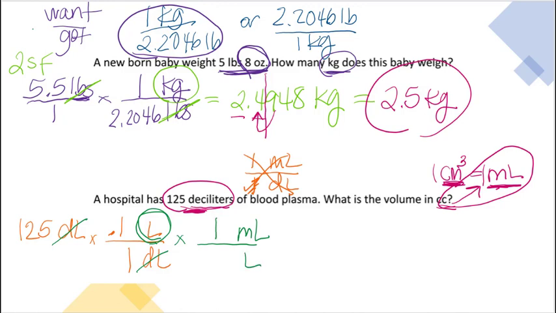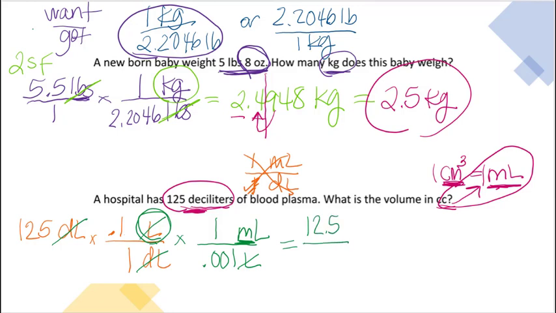We're going to put a 1 next to our prefix. Our prefix is on the top, that milli. And that 1 milliliter is 0.001 liters. So liters and liters will cancel out. Now let's multiply across. So 125 times 0.1 times 1, that would be 12.5.